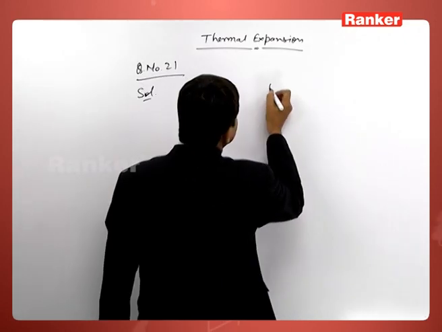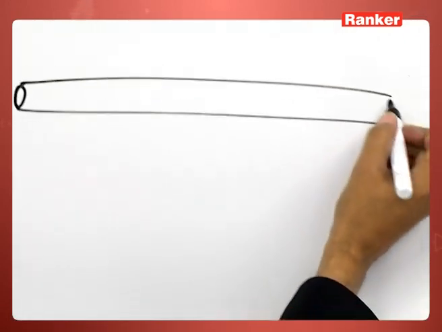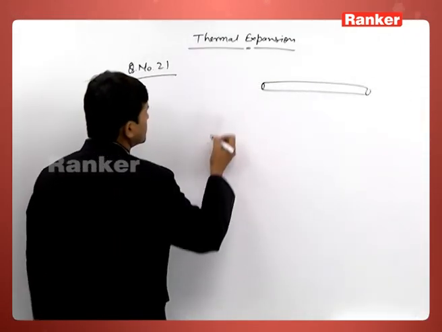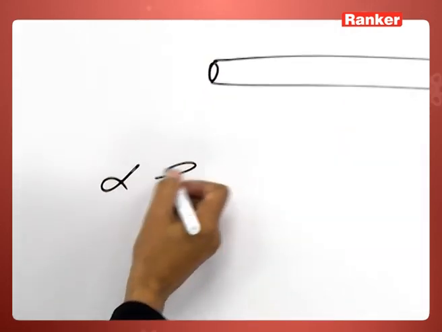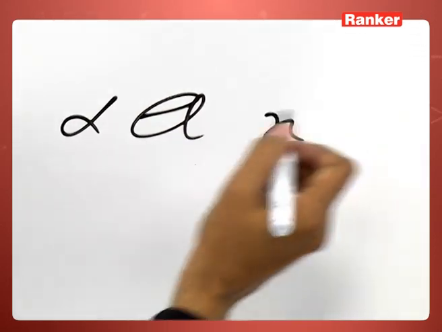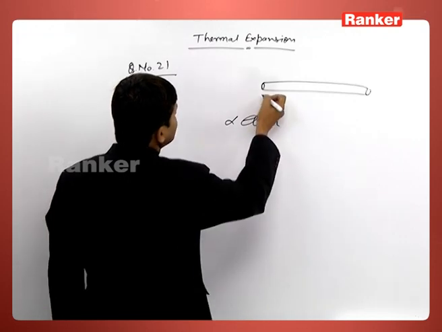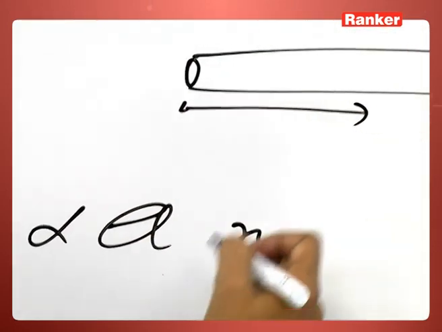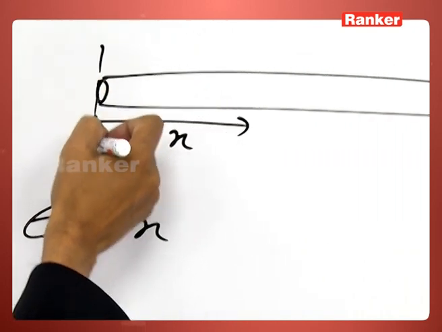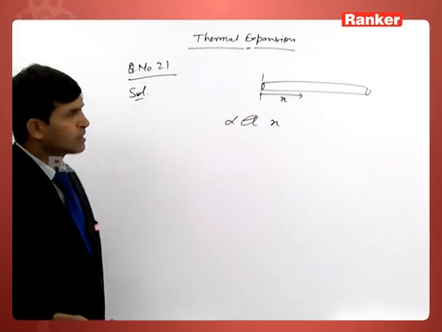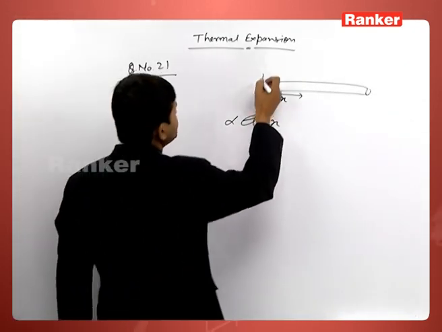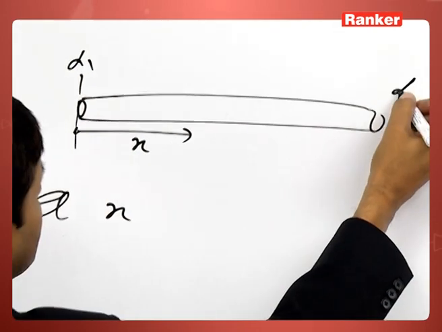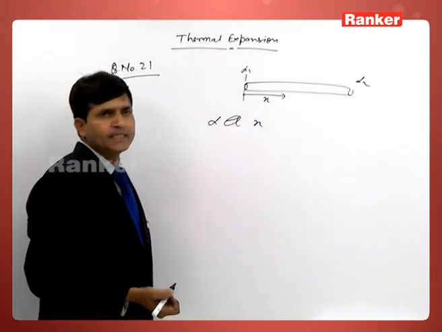As per the question, let this be your rod. So alpha is proportional to x, where x is the distance from one end of the rod, and at this end is given alpha 1 and this alpha 2. It changes linearly.